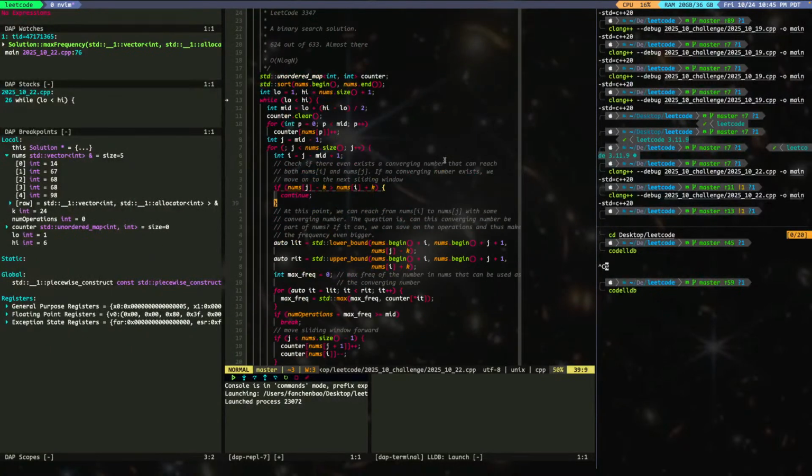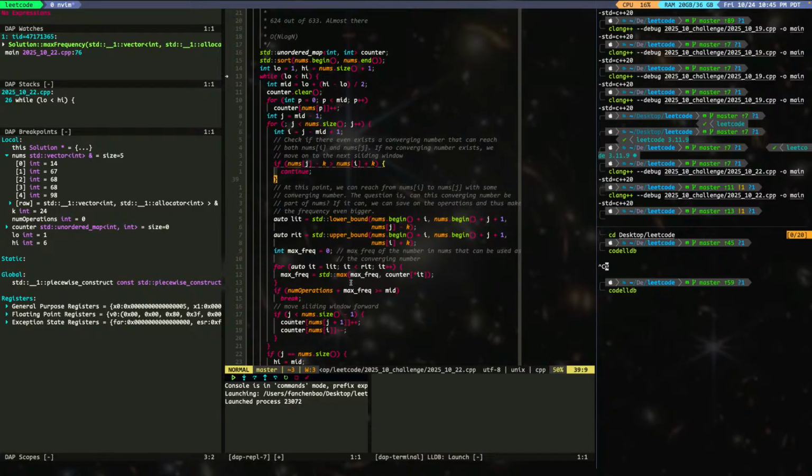If operation is 0 and I am taking number of operations plus max frequency. So number of operations is 0. So we get a 2 and 2. Okay. So yeah, let's say I have 1 to 2.